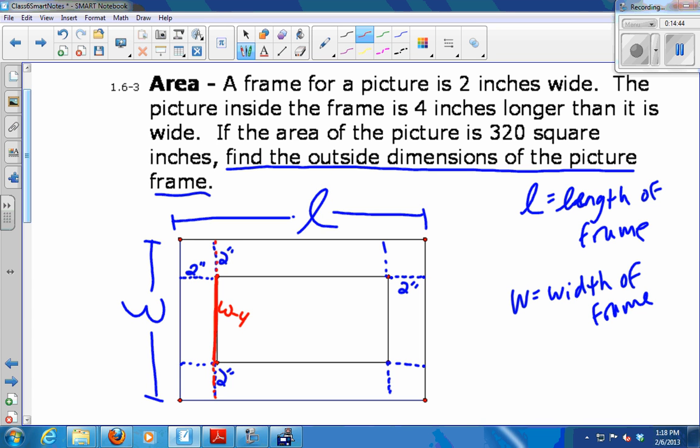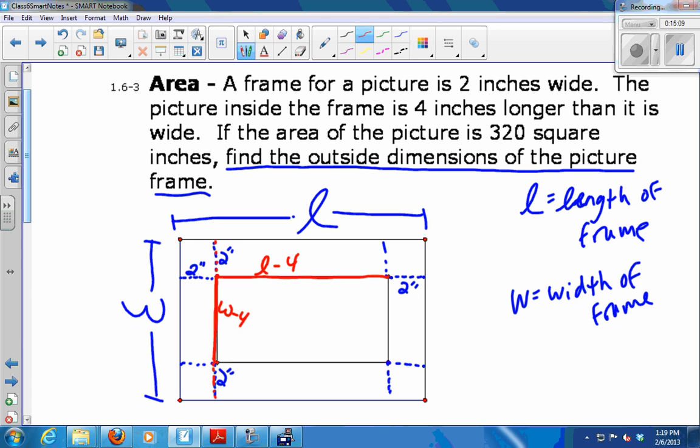And if this whole length across the top is L, what is this length across the top of the picture itself? Say it. L minus 4. Taking off 2 inches on the left and 2 inches on the right of the actual picture frame. Okay.